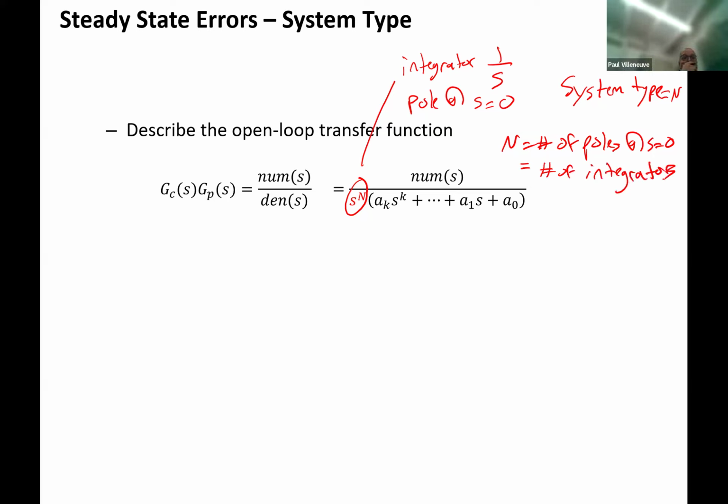Because if my system has 50 integrators built into it, maybe because my controller is really sophisticated and has a lot of integrators, then it's going to be able to integrate out a lot of different input signals without giving me any problems.